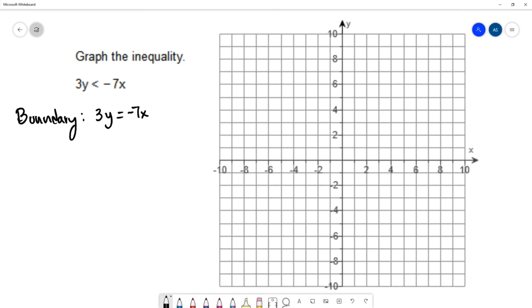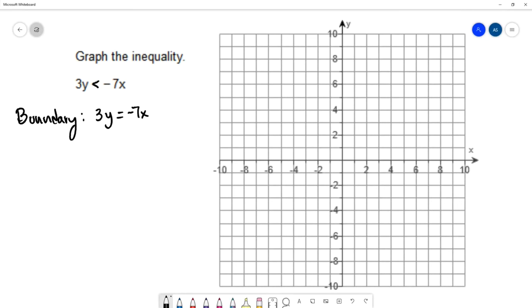Now, sometimes the boundary is going to be included in the graph, and sometimes it's not. When you have a less than or a greater than, the boundary is not included. And when you have a less than or equal to, or a greater than or equal to, the boundary is included. So in this example, because we have a less than, that boundary is not included.